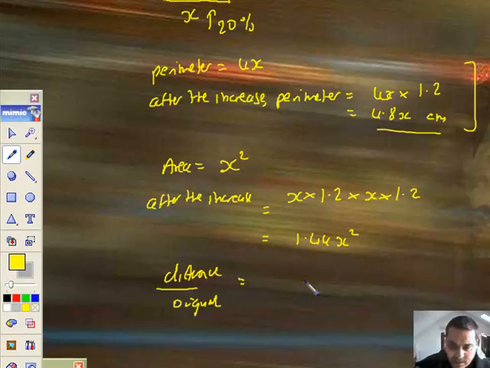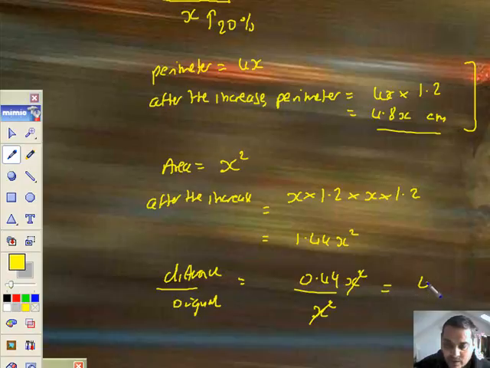It's going to be 0.44x squared, because 1.44 take away 1x squared is 0.44x squared, over the original, which is just 1x squared. They cancel, and I'm going to get 44%.